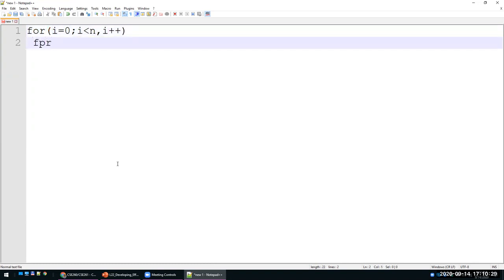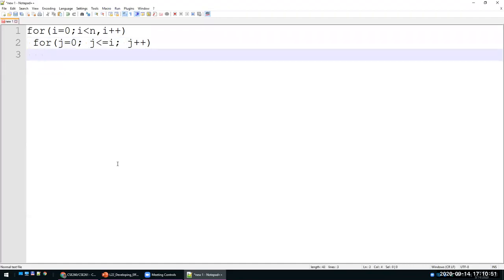And then we have another for statement for j equals 0, as long as j is less than or equal to i, and then we have j plus plus. And whatever we are going to do here, maybe we have a sum that is incremented with the element at index ij.